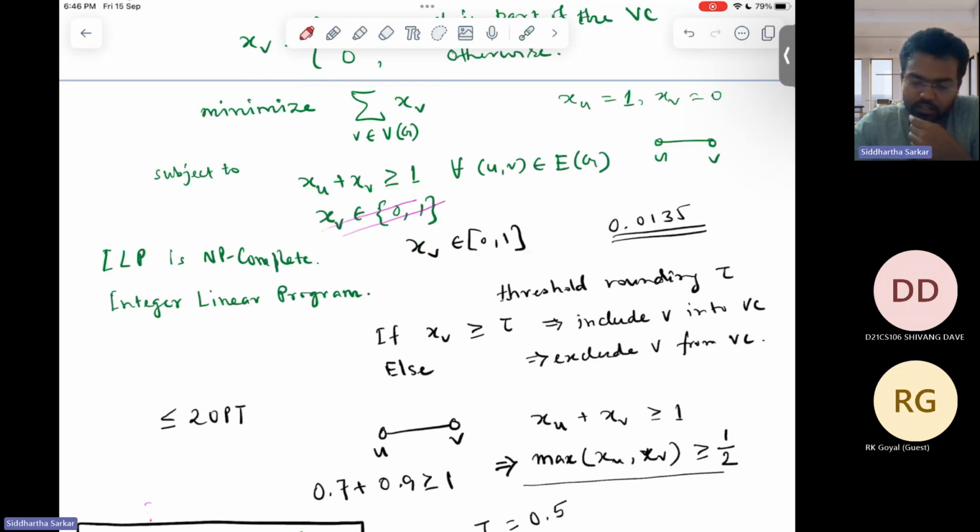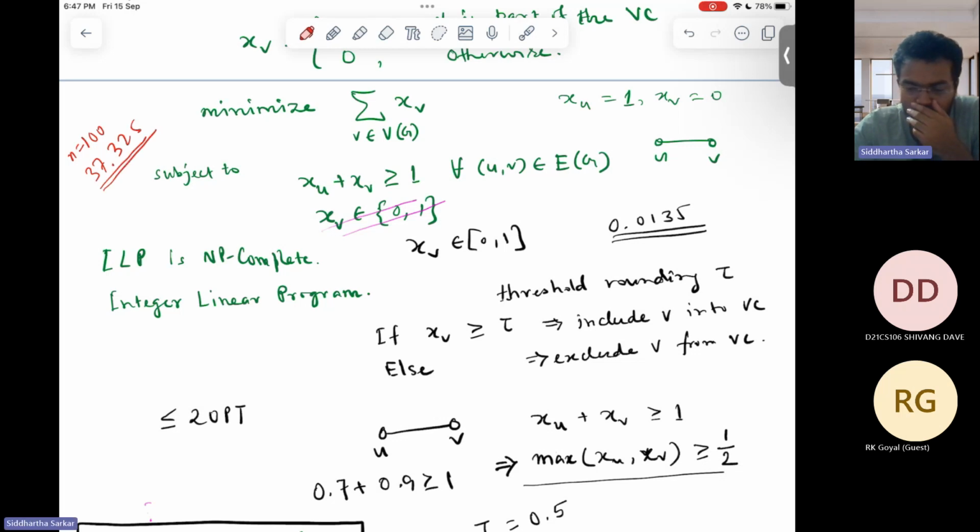It is very much possible that the relaxed linear program has a value which is fractional. Let us say that there are 100 vertices. I'm just making up some numbers. So let us say n is equal to 100, and this relaxed linear program has given some fractional values to each of these n variables, and it turns out that the sum of these x1, x2 up to xn is 37.325. That is perfectly possible.